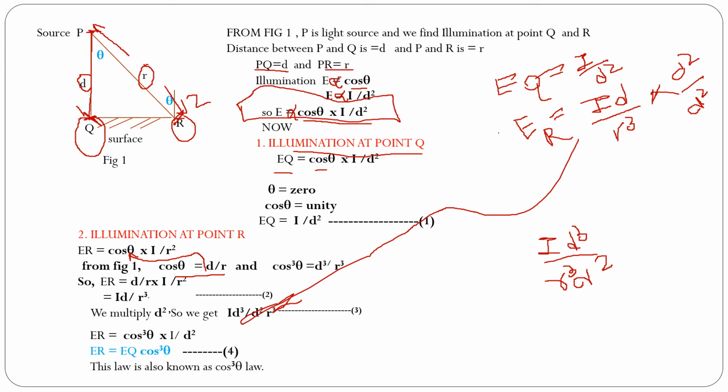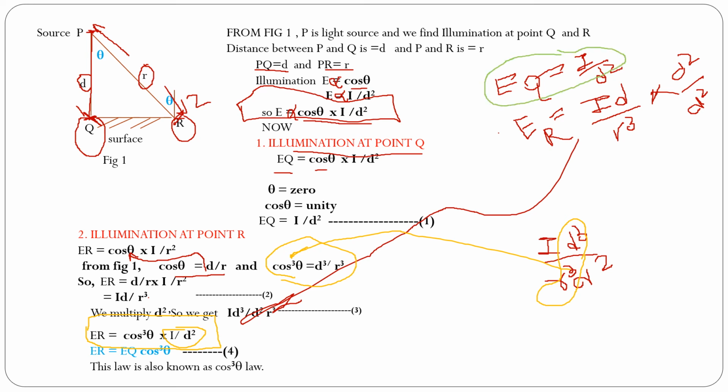Now cos cube theta is equal to d cube by r cube. So here d cube by r cube is replaced by cos cube theta. Finally I get ER is equal to cos cube theta into I by d square. What is I by d square? This is EQ.